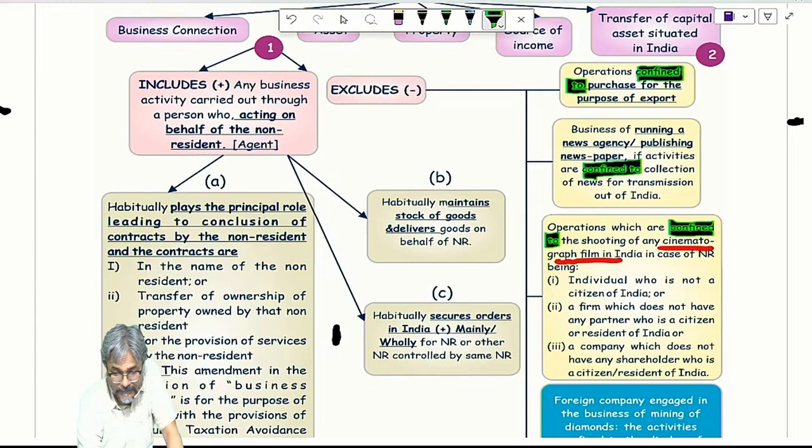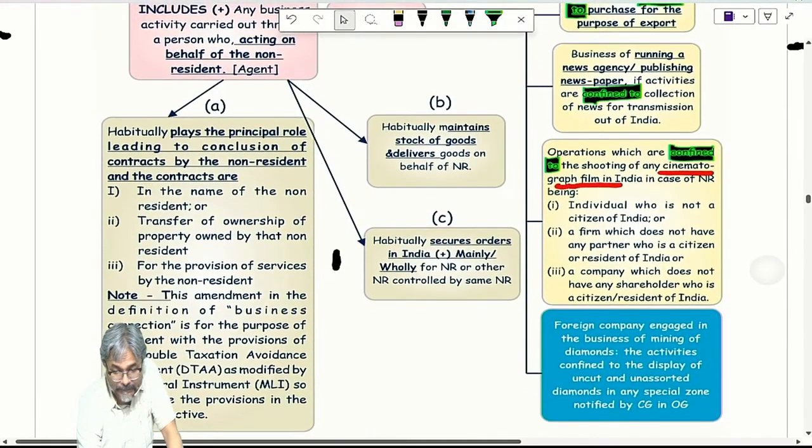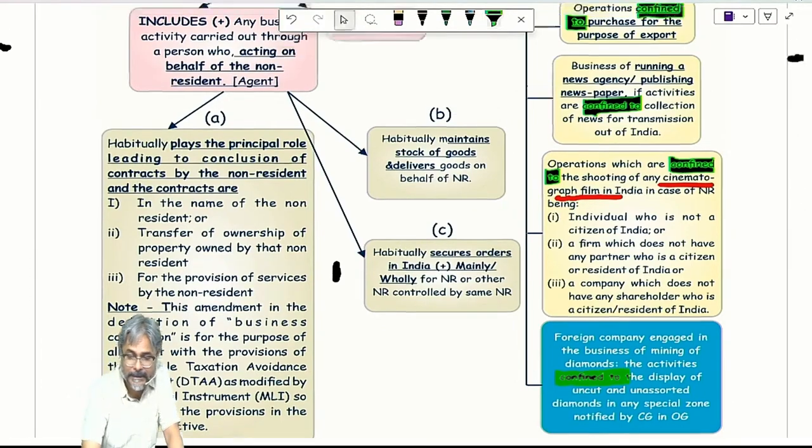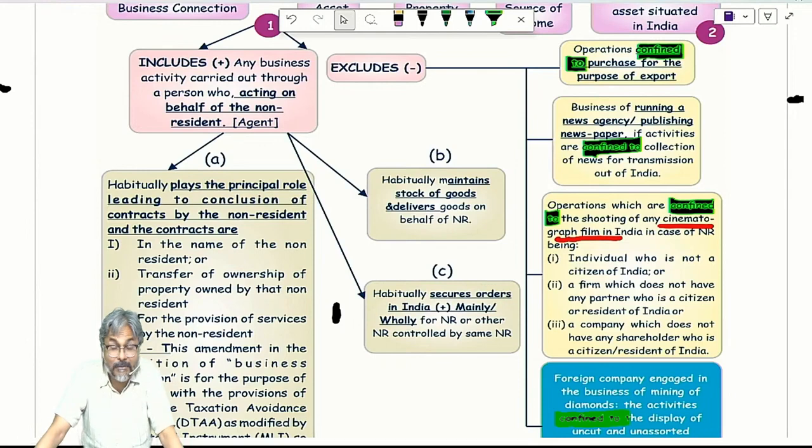This is a classic phrase. It means that if any further activity has been pursued, the benefit of the exclusion will not be available. We gave some examples yesterday.